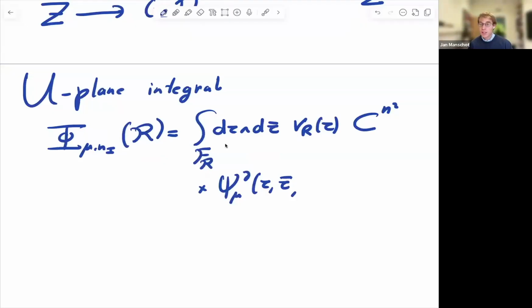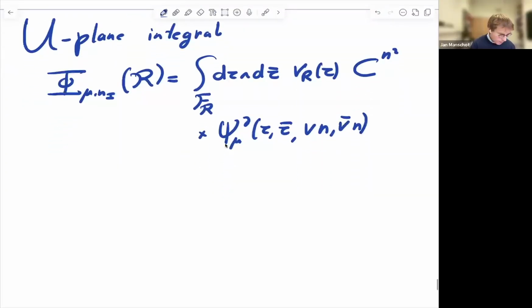In this case, we also get elliptic variables due to the coupling with the U(1) symmetry, which takes the form of V times N and V bar times N. All these ingredients can be worked out explicitly, and have explicit functions in terms of modular functions for these terms.